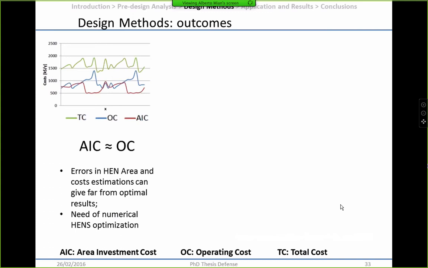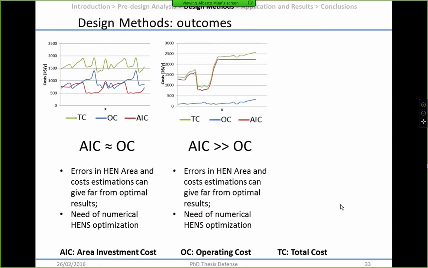When the area investment cost, the red one, and the operating cost, the blue one, are in the same order of magnitude, you understand that having a 30% gap on this red function may affect the minimum point of this red function, which is the point I'm looking for.